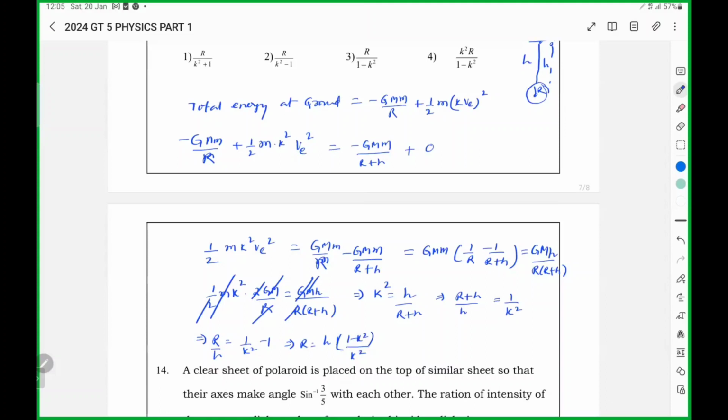But he is asking from the center. From center means R plus h, that is h into 1 minus k square by k square. Answer is given in terms of R. We will write R in place of h, R k square by, which is R k square minus R k square get cancelled.